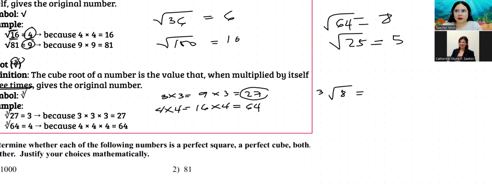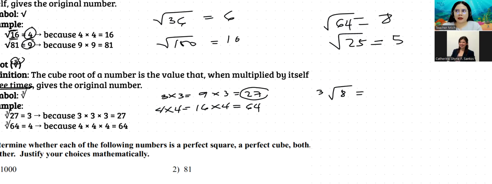What is one number that when you multiply by itself 3 times, the result is equal to 8? You may start from the very small natural number, that is 1. 1 times 1 times 1 is equal to 1.